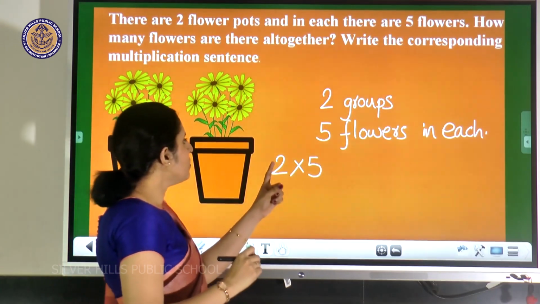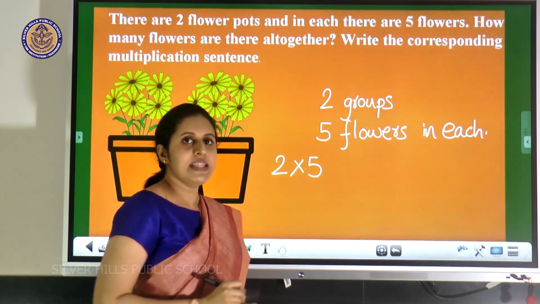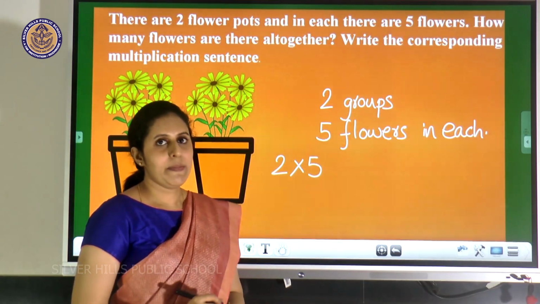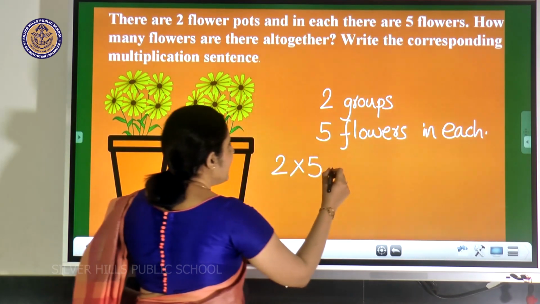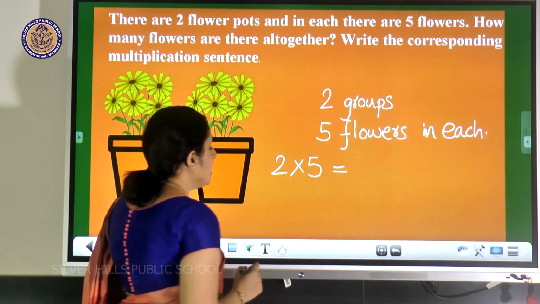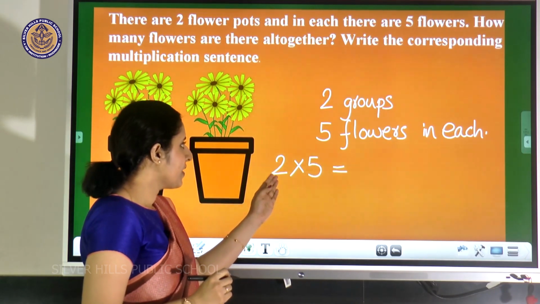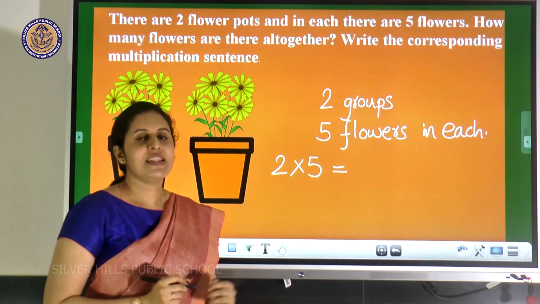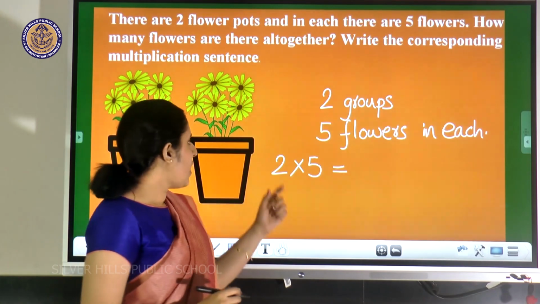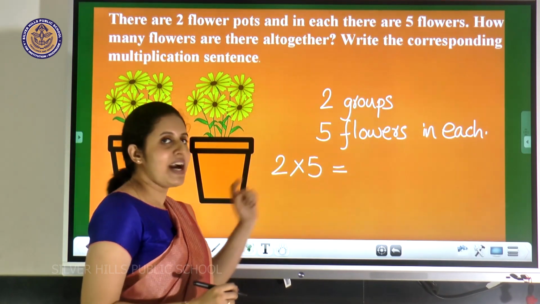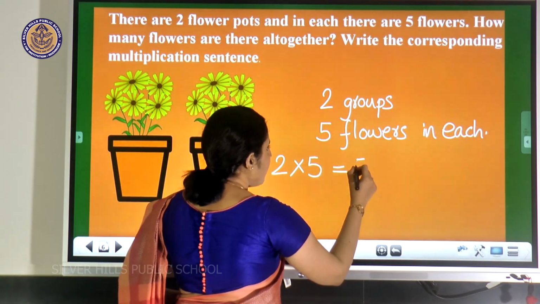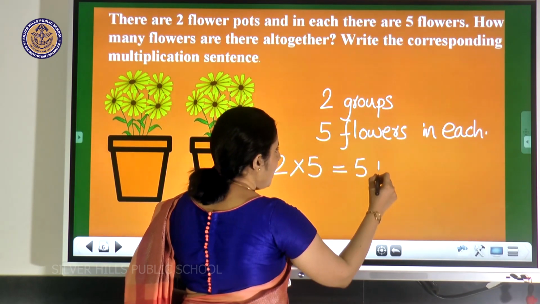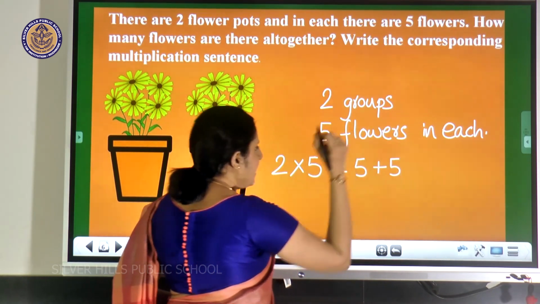So, 2 times 5 will give you the total number of flowers. You know multiplication is nothing but repeated addition. 2 times 5 means I will write 5 one time plus 5 a second time.